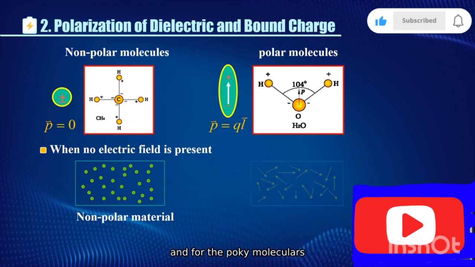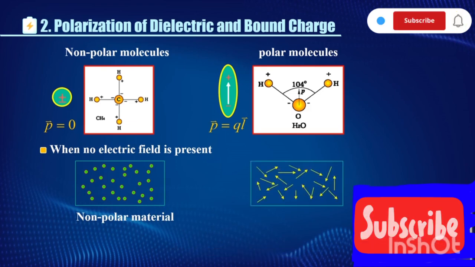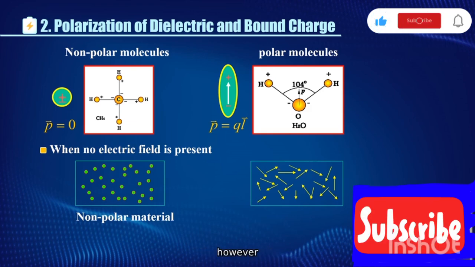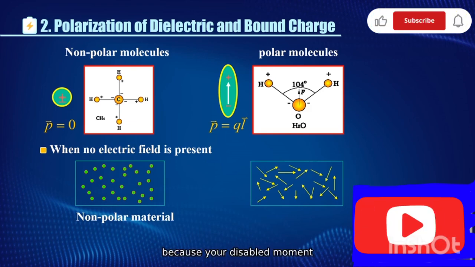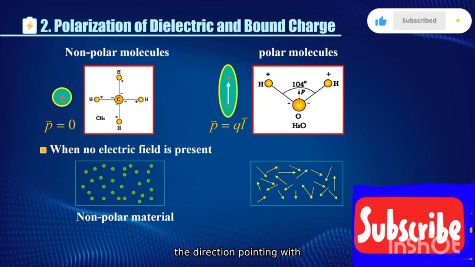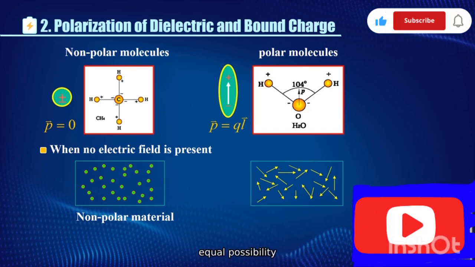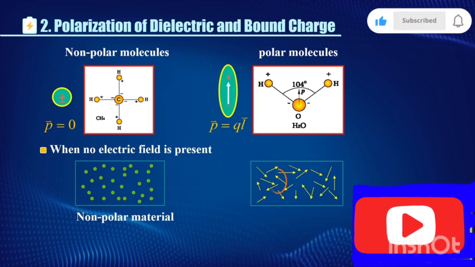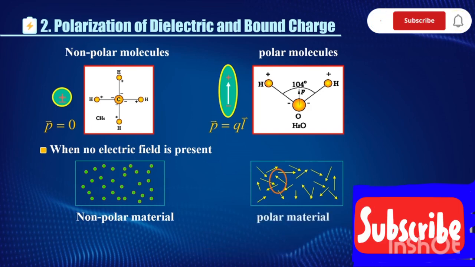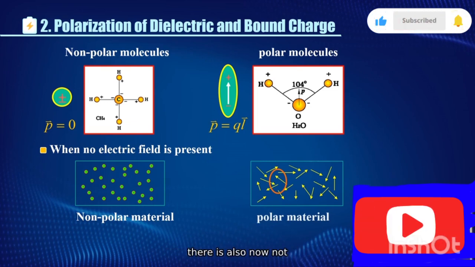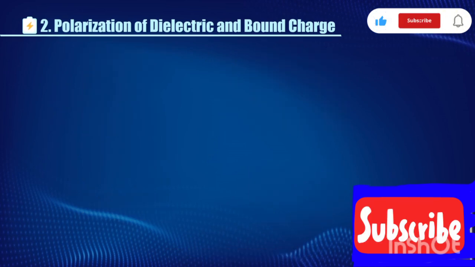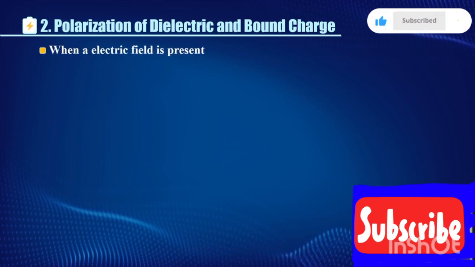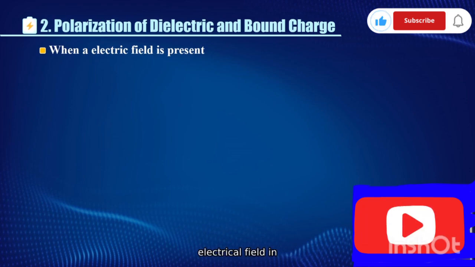And for the polar molecules, even though each molecule has a net electric dipole moment, the dipole moments point in all directions with equal probability, so all the dipole moments cancel each other. So if there is no electric field, even polar molecules have no net dipole moment.